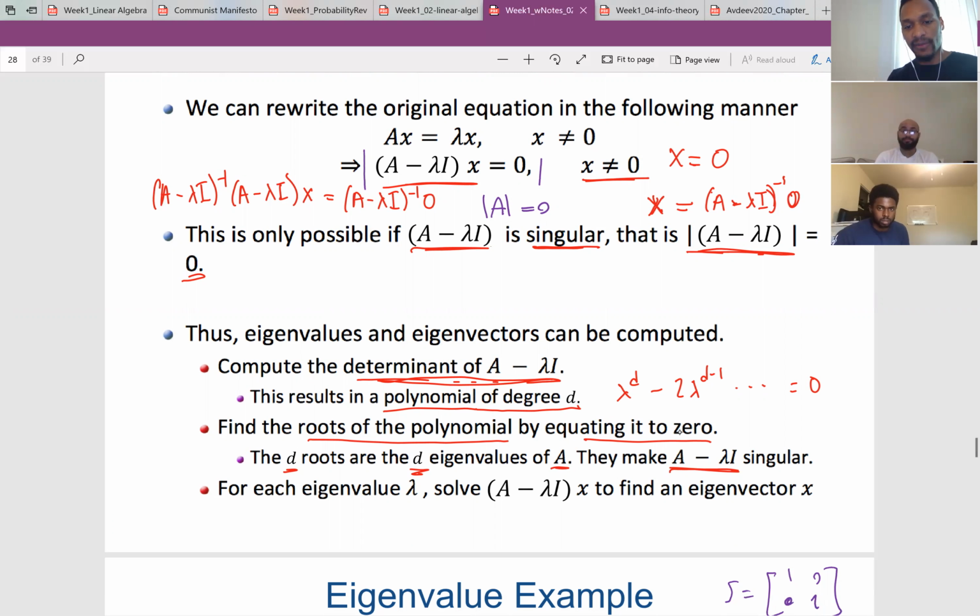And then for each of those eigenvalues, you're going to solve this equation equals 0 to find the eigenvector x. So you just basically find the lambdas from this equation and then plug them back in to this larger equation and solve for each x for each of the eigenvalues.